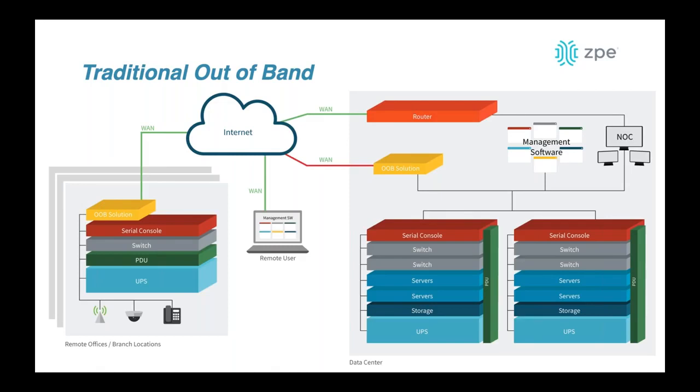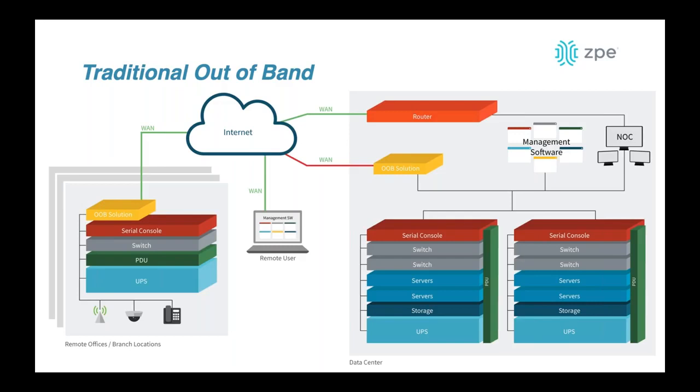The traditional out-of-band systems would provide remote access to the end devices. Typically, you have management software going together with the out-of-band solution, which provided you with that remote access. There was typically some form of client involved, and you might end up with multiple management softwares which needed to be maintained and installed, depending on the solution you were deploying.